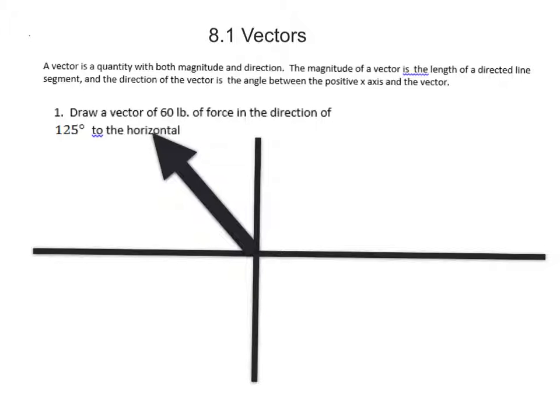That means this angle here is 125 degrees, and then the magnitude of this is 60 pounds. When I want you to draw the vector, I just want to see that you understand where the angle is, and then label the magnitude of it.